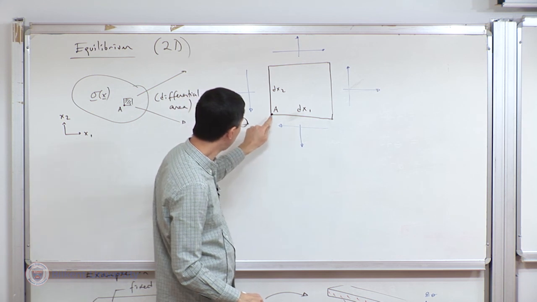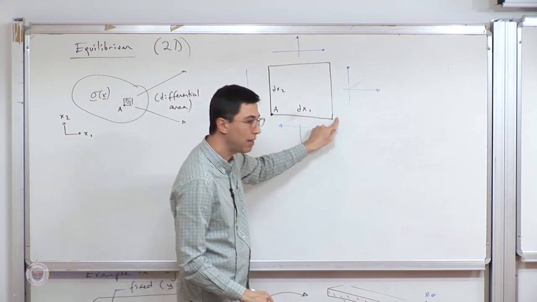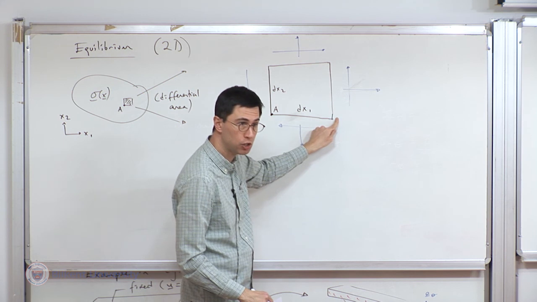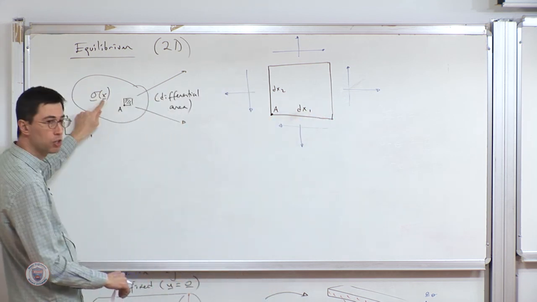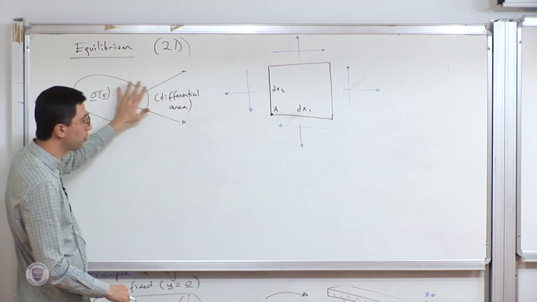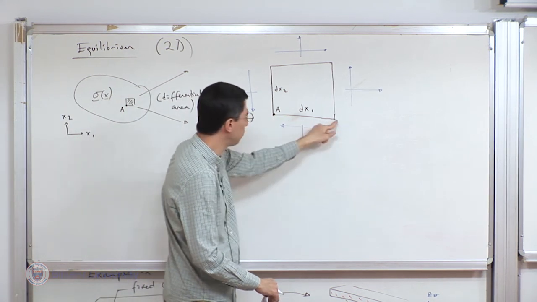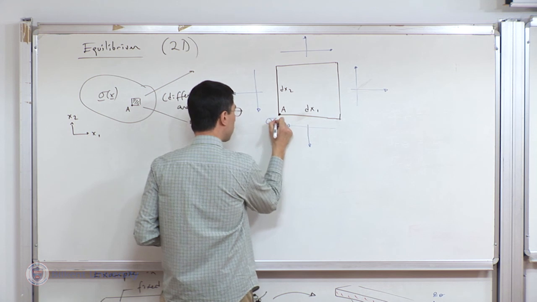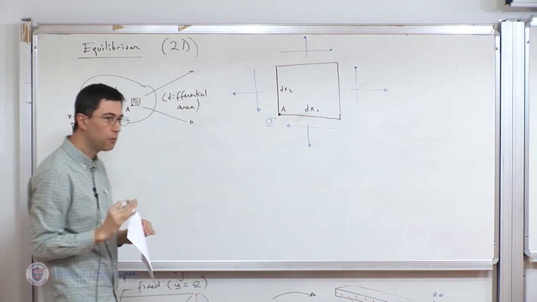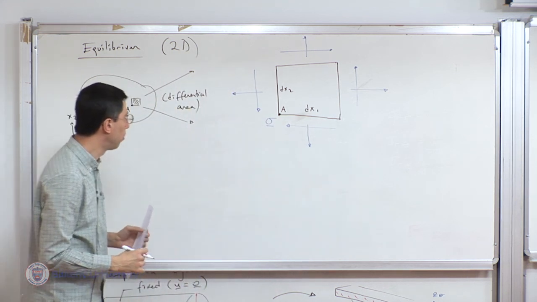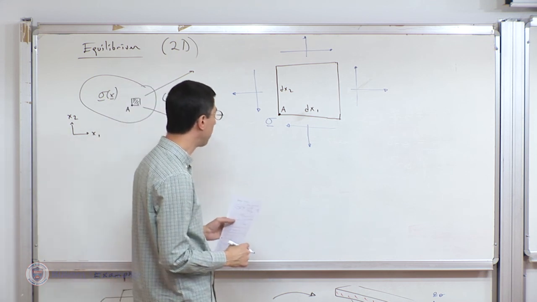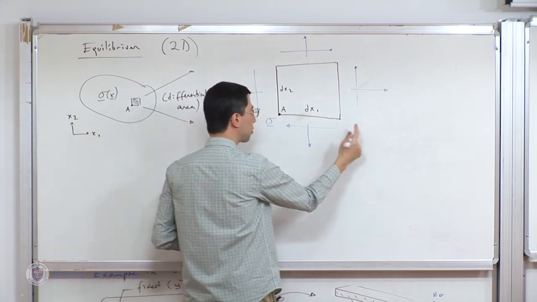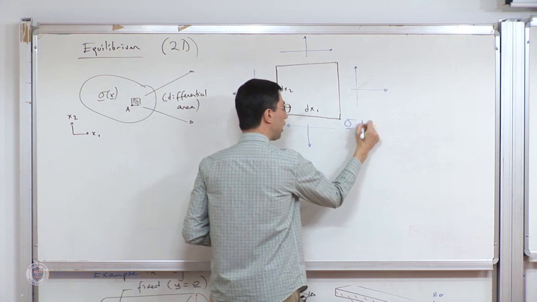Which means that the stress from this corner to that corner, for instance, will change because the stress is a function of position. It changes throughout the body, and therefore from that point to that point, no matter how small, it will also change. So let us call the value of the stress here sigma without referring to any of the components. Stress at point A is sigma. But now when I move along that direction, sigma will change a little bit.